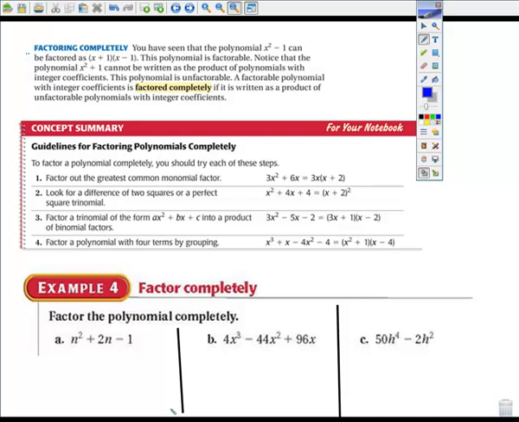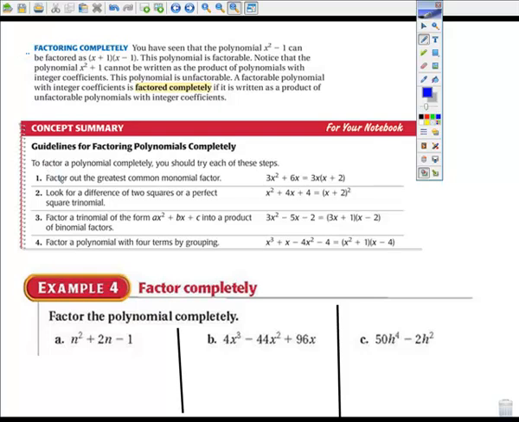There's nothing we can do to an x squared plus 1 to simplify it any further. A factorable polynomial with integer coefficients is factored completely if it is written as a product of unfactorable polynomials with integer coefficients. So once you get it down so that none of the parts can be factored any further, you're done. You have factored it completely.